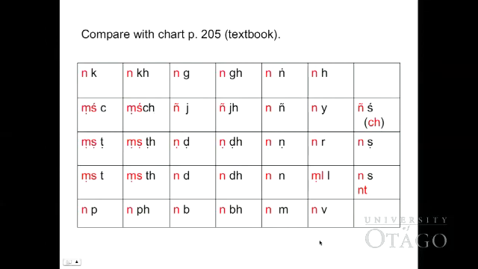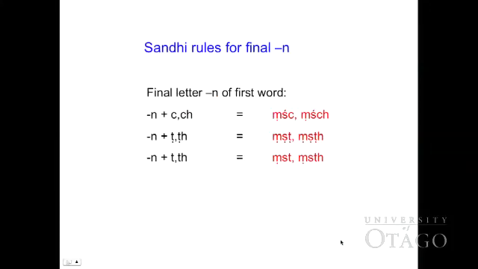One by one, we will study the rules and explain the chart, starting with the first one. Sandhi rule for final N: you see the final letter at the end of the first word, and the second word begins with cha or sha, then it changes to amscha, and N plus ta changes to amsta.